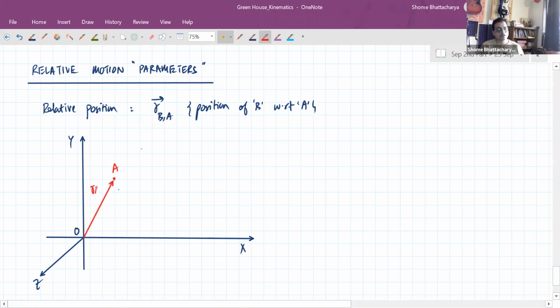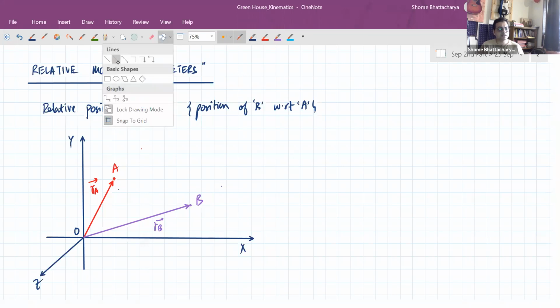This is the position vector of A with respect to ground. Similarly, my second object B is, let's say, at this moment located somewhere here. These are the instantaneous positions of A and B at some given point of time. They might be changing, so a moment later they will not remain the same, but right now they are like this.